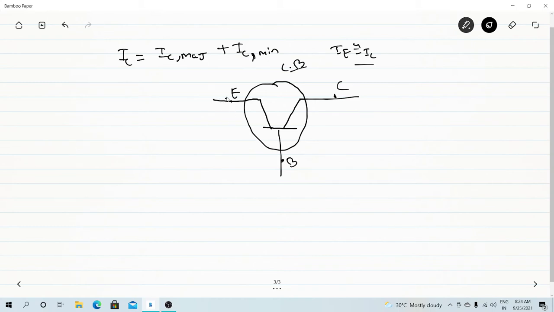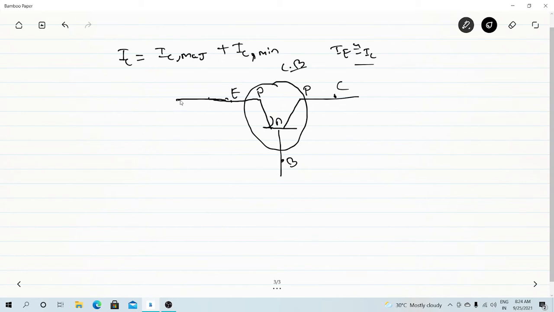Now I will connect it with the external biasing: the input section will be forward biased and the output should be reverse biased. Let us consider a PNP transistor. So this will be the P side, and I am drawing the arrow here, PNP. We can take an NPN transistor also, no problem.